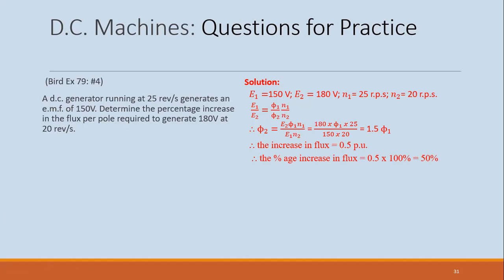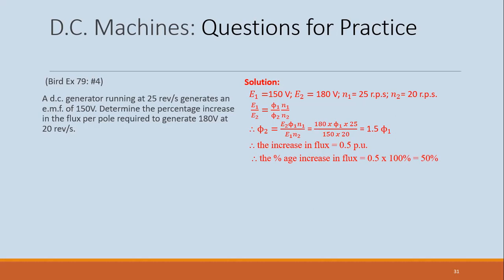All right, so another one: a DC generator running at 25 revs per second. So now we're using the speed in terms of revs per second. It generates an EMF of 150 volts. We should determine the percentage increase in the flux per pole required to generate 180 volts at 20 revs per second.